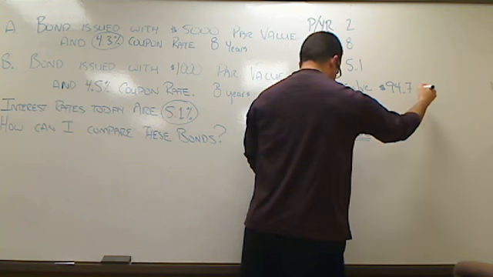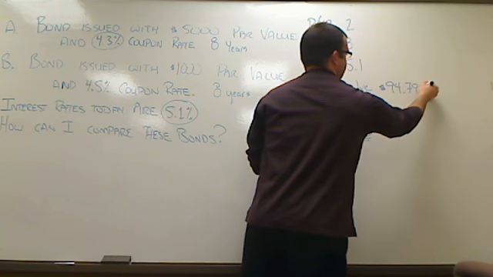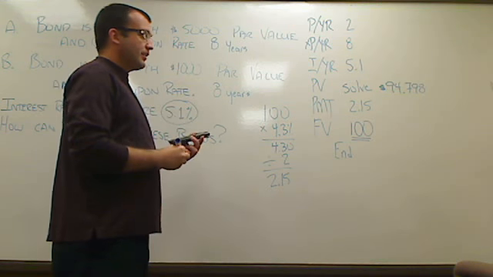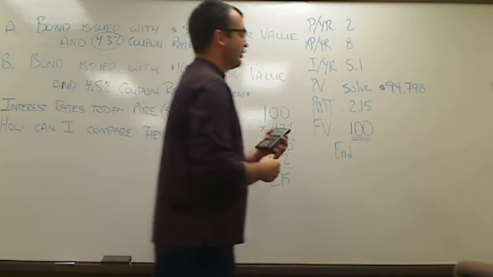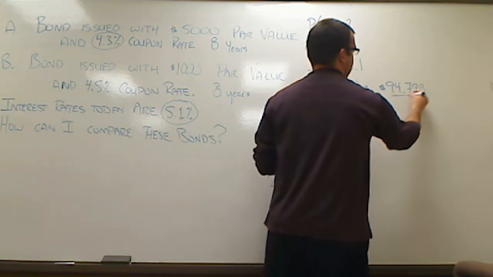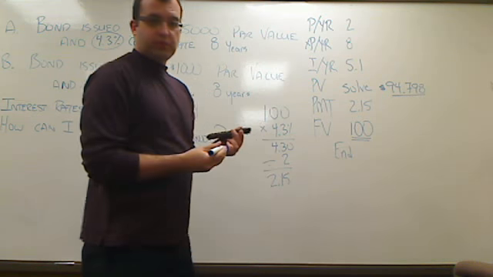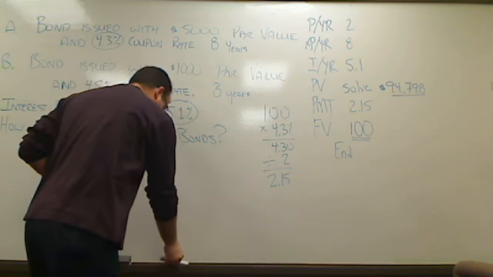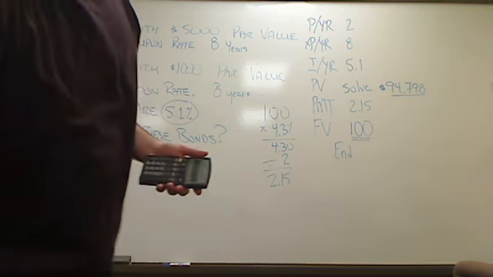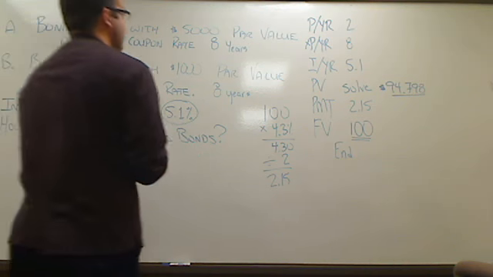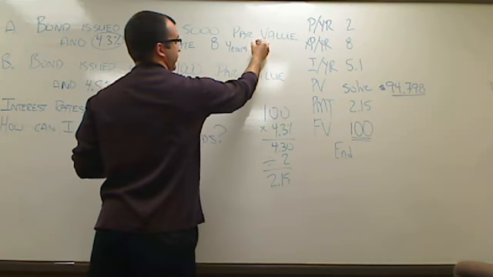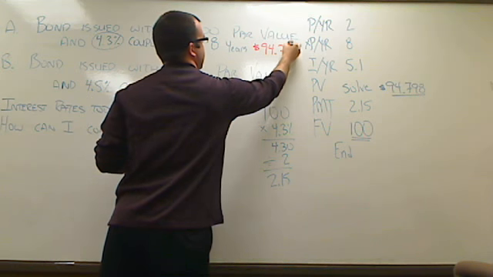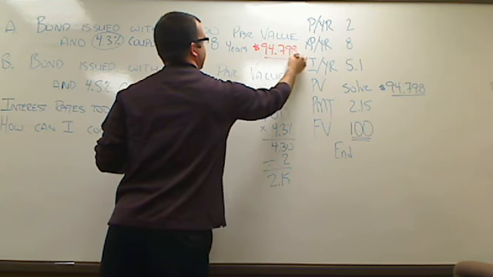I know you can't spend 0.8 of a cent, but bond prices will normally be represented to 3 decimal places. So this first bond, my bond A, has a price of $94.798.